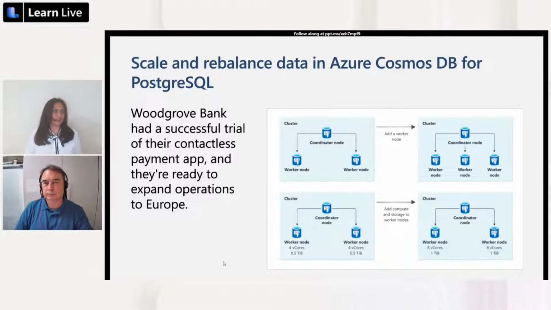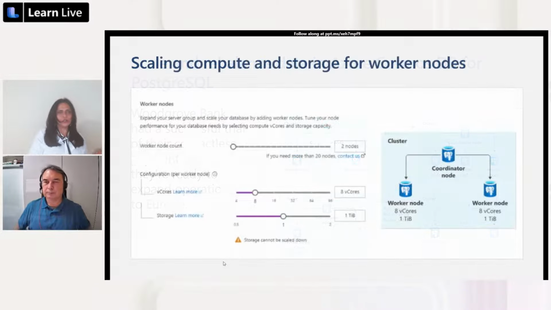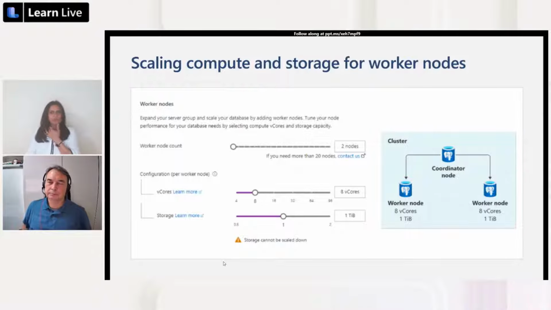Whereas when they have the shopping season and they need more CPU or more resources, then what they can do is scale vertically and increase CPU and storage when there is a burst or a spike in their processing. And then when it goes back to normal and the shopping season is over, then they can scale back.